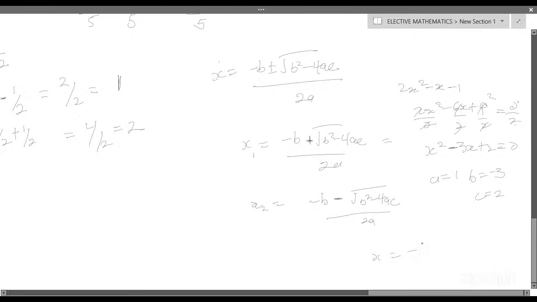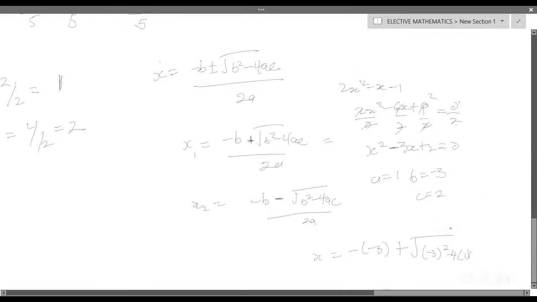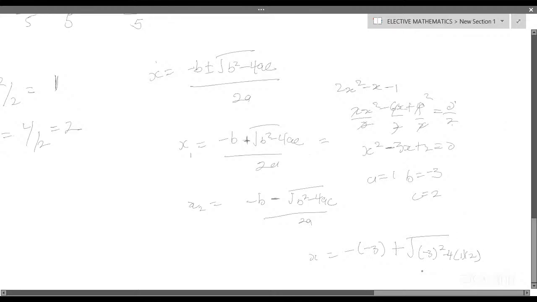Negative 3, right? Minus negative 3 plus root of b squared, negative 3 squared, minus 4 times a, a is 1, times c, c is 2, over 2 times a, a is 1.